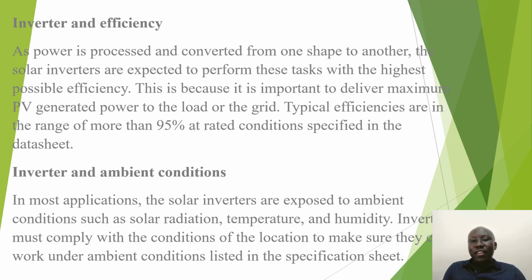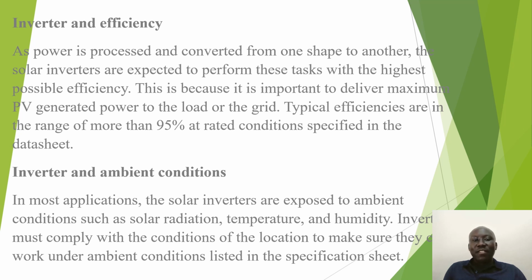Another important characteristic we are going to look at is the inverter and ambient conditions. These are the extreme conditions which face the inverter. In most applications, solar inverters are exposed to ambient conditions such as solar radiation, temperature, and humidity.